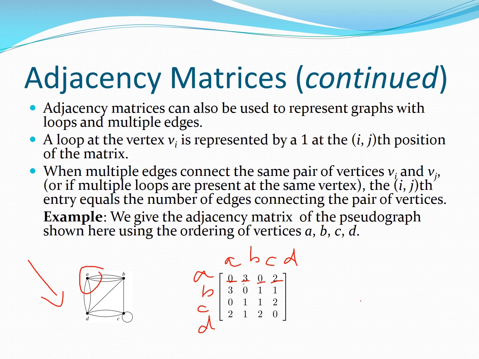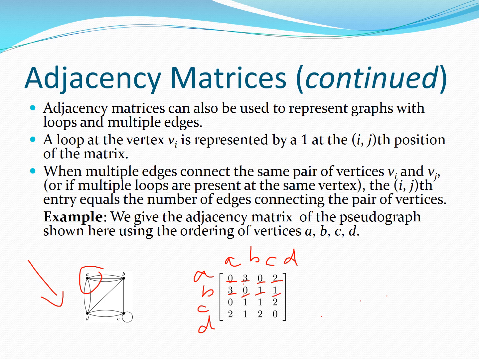Now from B to A, once again you have three edges, so that's represented using the number 3. Then we have no loop at B, so B to B is a 0. From B to C there is a single edge, so that's a 1. From B to D there is a single edge, represented using a 1.